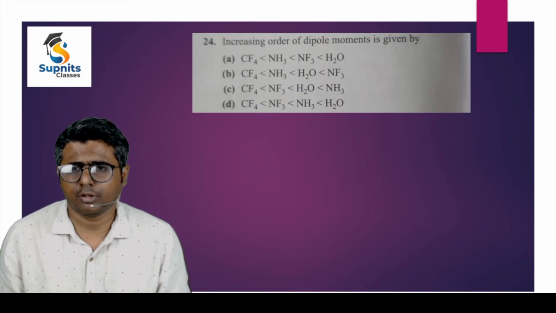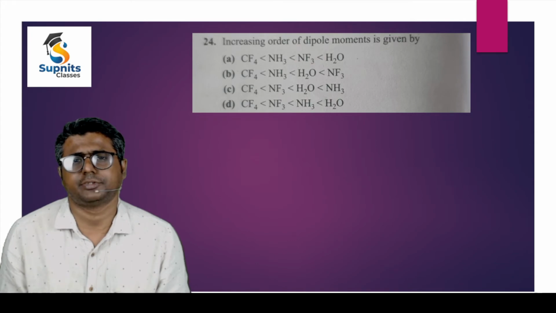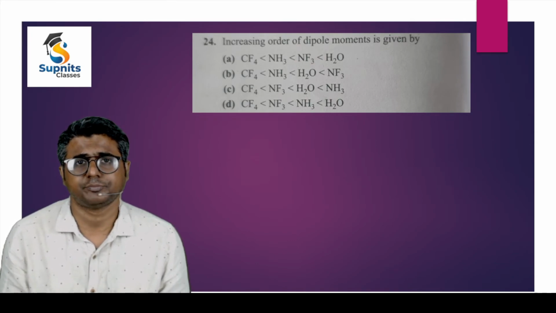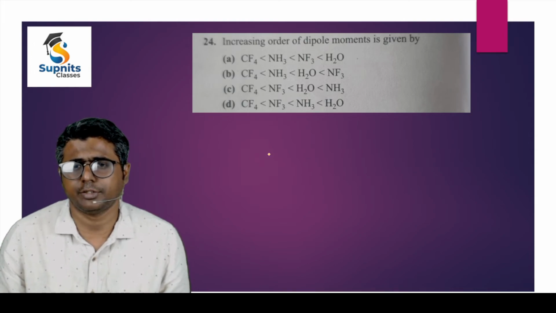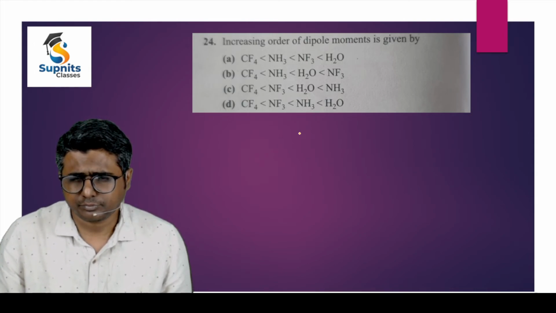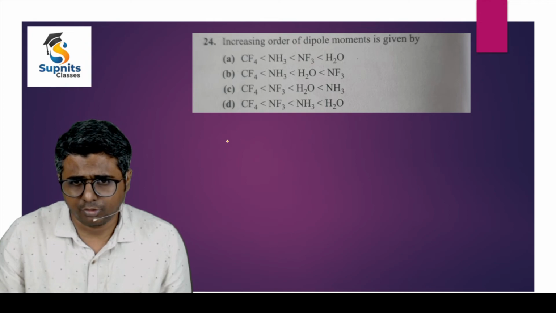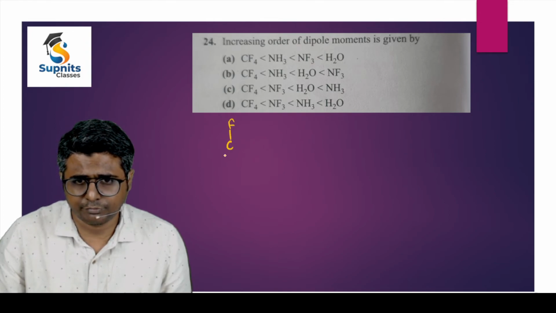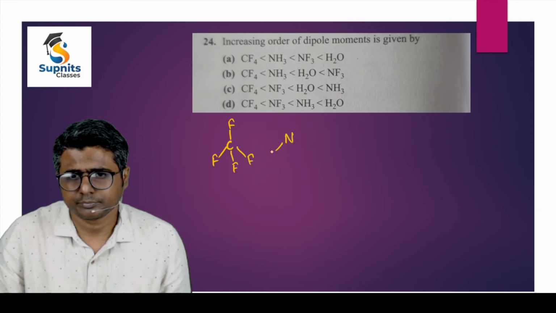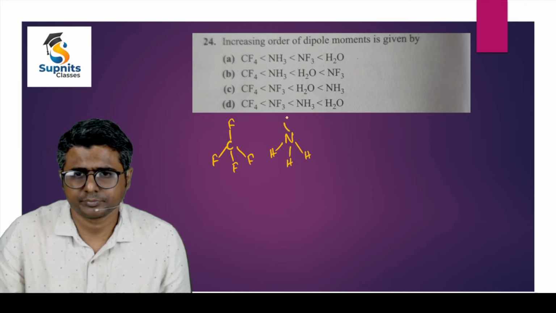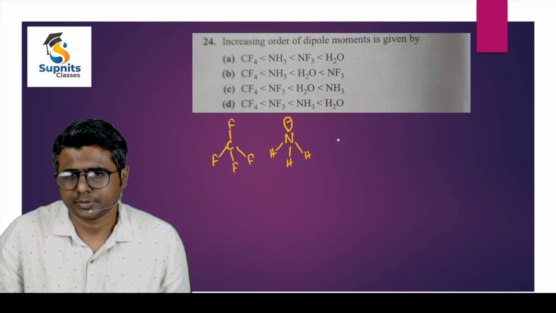Increasing order of dipole moments. Now, dipole moments we have studied, so we have to find out the increasing order of dipole moments. Let us draw all these structures: CF4, NH3, NF3.